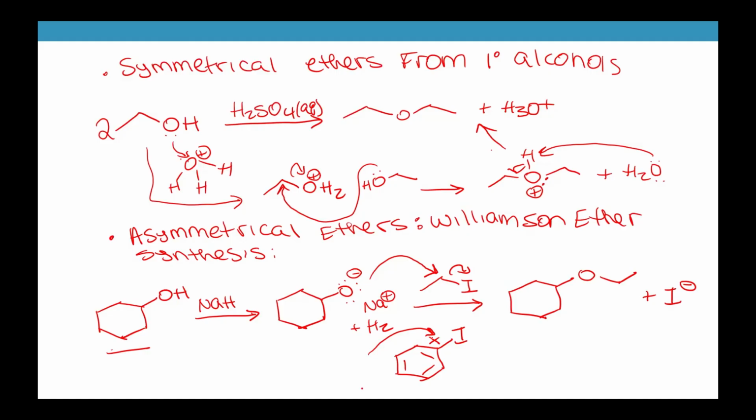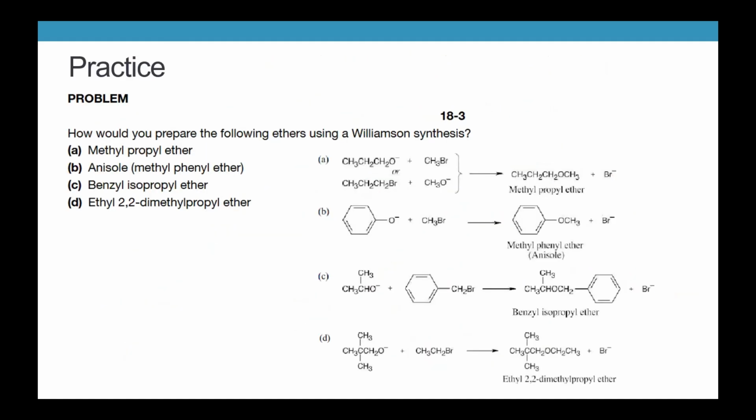We wouldn't use tert-butyl iodide either for a similar reason. It's too bulky. So we want the halide to be the less hindered, and then the alcohol can be the more hindered. Okay, so we will practice this. There are some examples here, and we will practice this next time we meet.